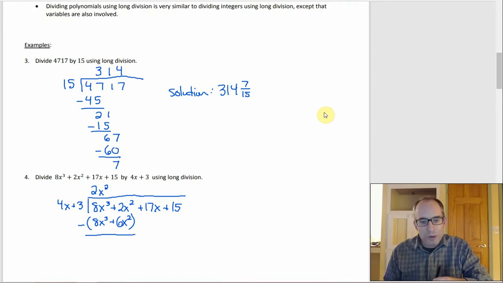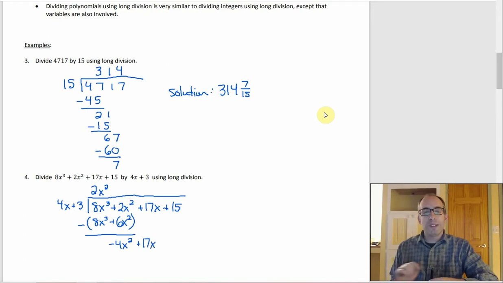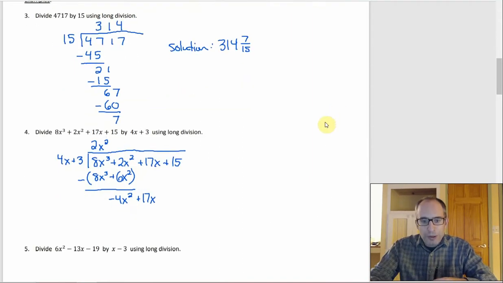But then 2x squared minus 6x squared would be minus 4x squared. And then you bring down the next term, so plus 17x, right? Just brought right down there. So bringing down that 17x is kind of like bringing down the next digit up here when we're just dividing two integers.